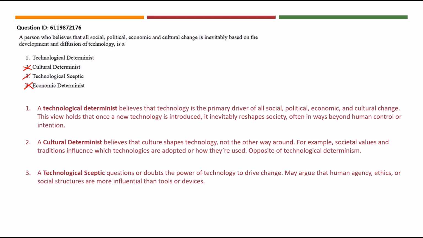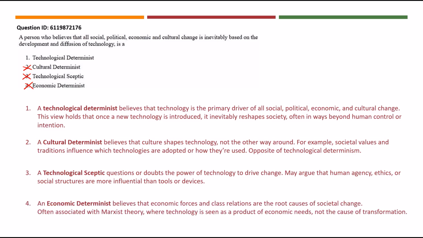So we can even rule out option 3. So cultural determinist is telling that culture is shaping technology, but technological septic is actually doubting the power of technology. It means the person knows how to use technology, even then they say they are not more influential compared to humans.